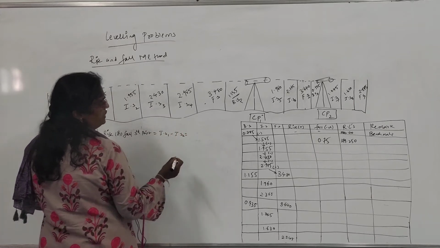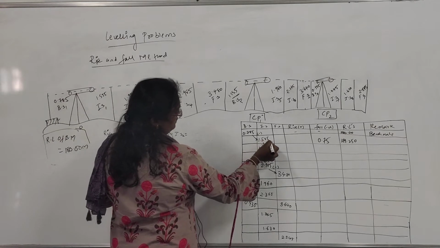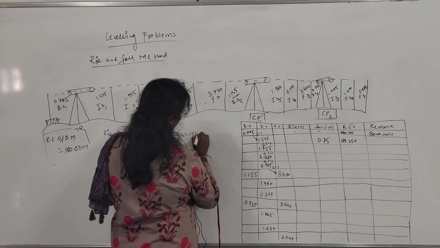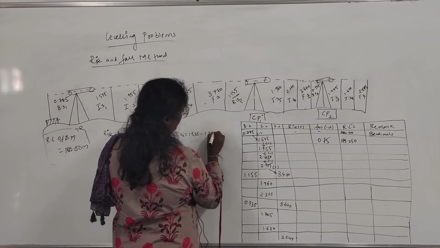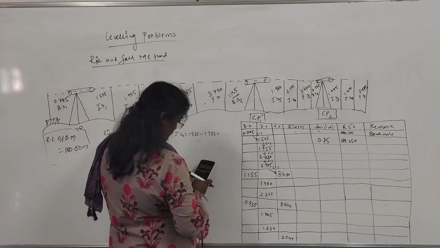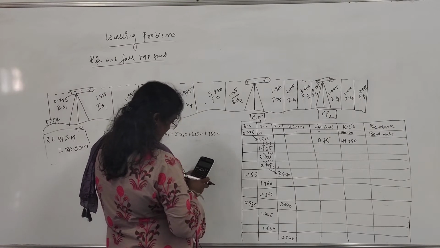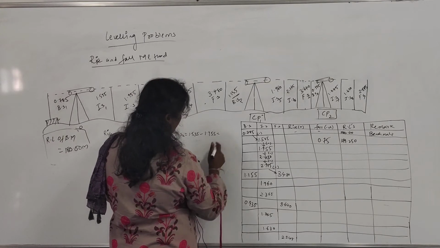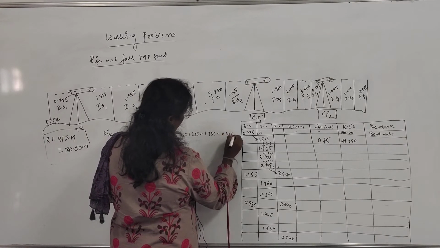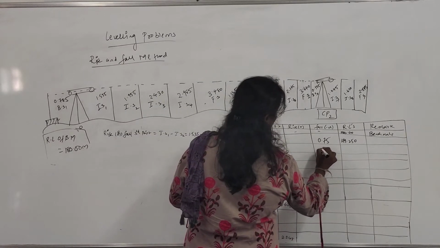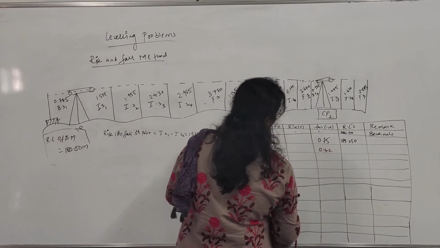So what is the value here? 1.535 minus 1.955 will give you how much? 1.535 minus 1.955 will give you the value of 0.42, that too negative here. Again the value will be in fall, right?